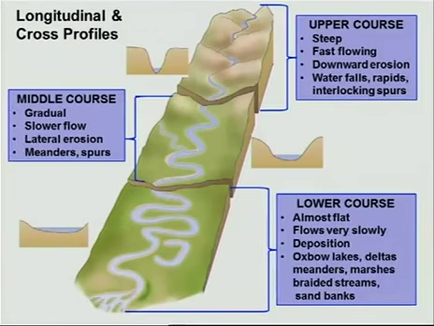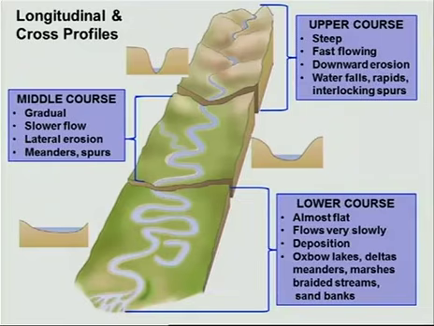And this, people, is what the cross profile will look like. Now, what I want to show you is this cross profile here, and this one in the middle course, and that one in the lower course. And people, what you must notice is the following: if you look at the cross profile in the upper course, then the V-shaped valley would be very narrow.